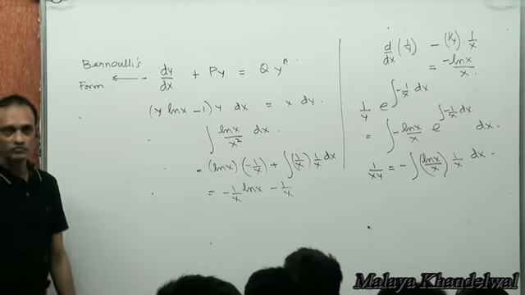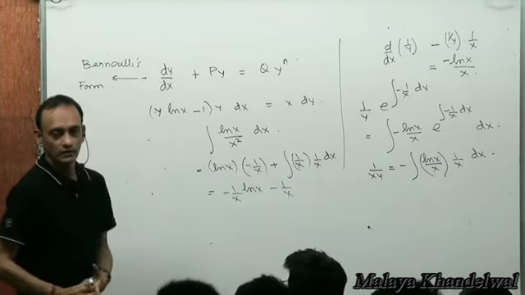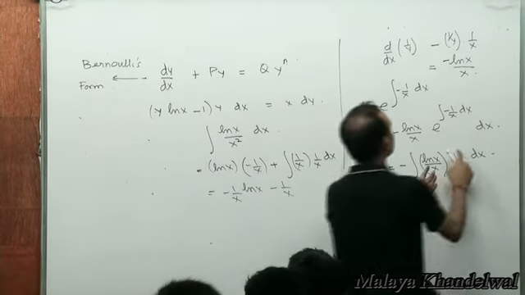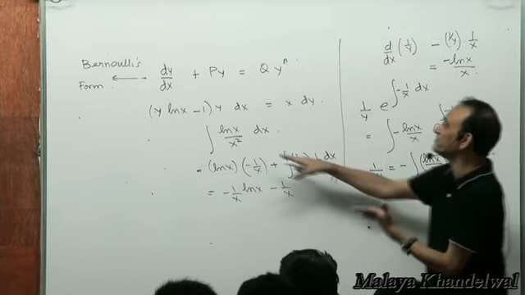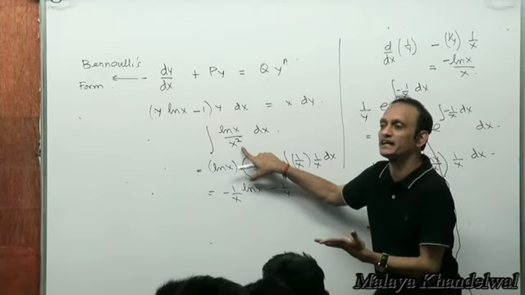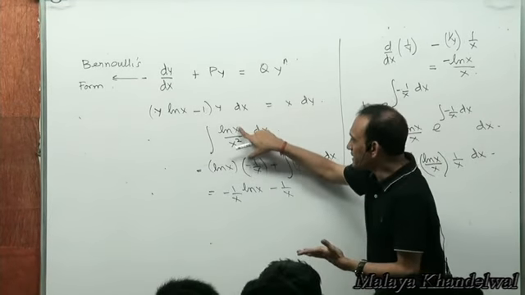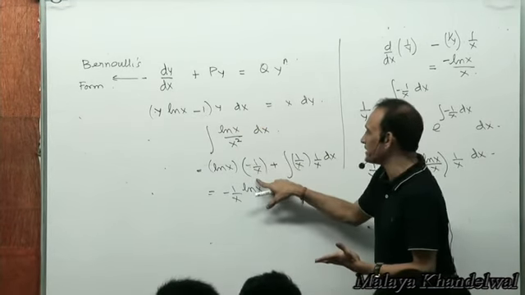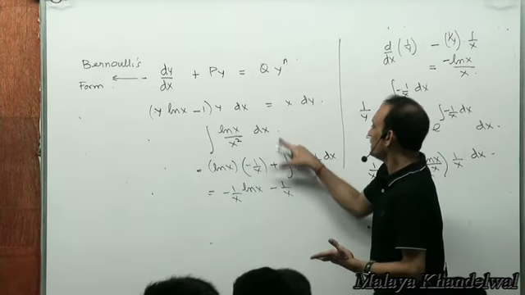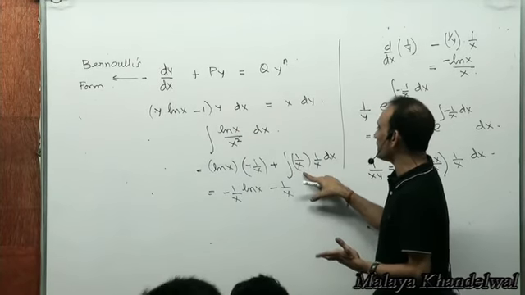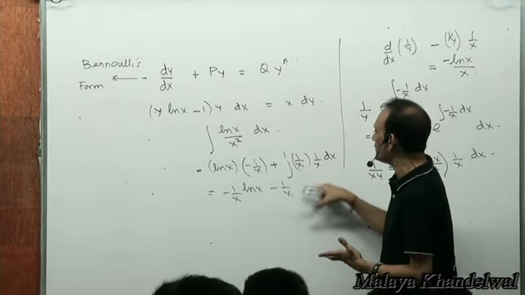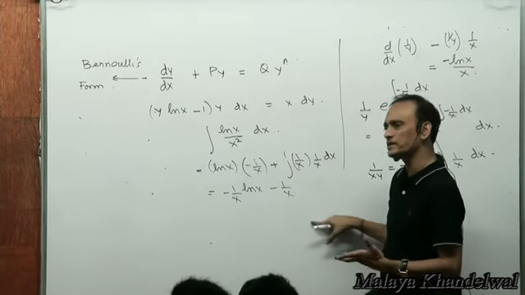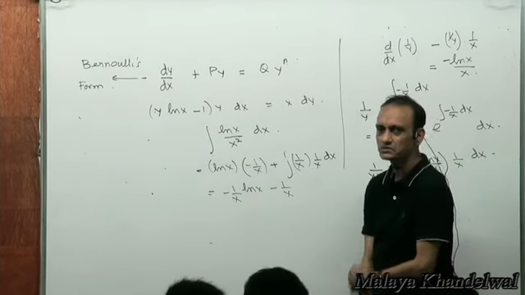Yes or no? Which is okay. It would have been better if there was an x here. It would have saved us some work. I was hoping that happens. Didn't happen, but nevertheless, log x by x squared I have integrated by parts. Log x into integral of 1 by x squared is minus 1 by x, then integral of derivative of log x, 1 by x, and minus 1 by x will make it plus 1 by x, and then integral 1 by x squared would be minus 1 by x, which is all right. Not too much of a bother.